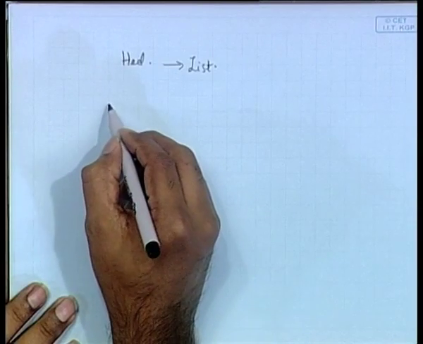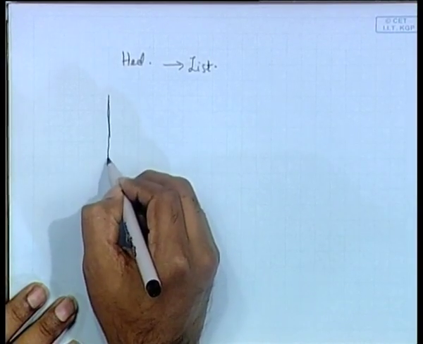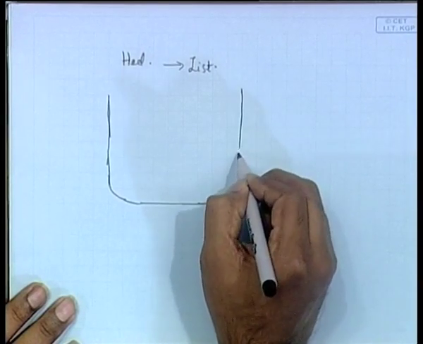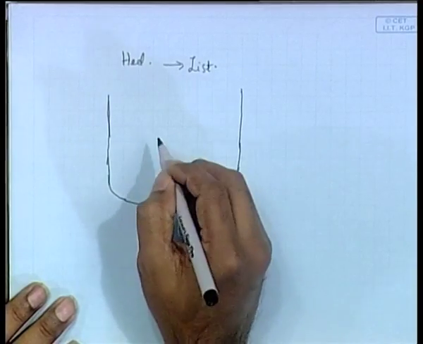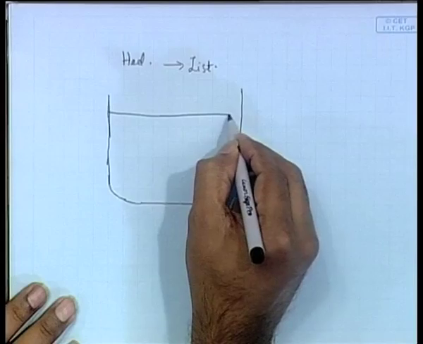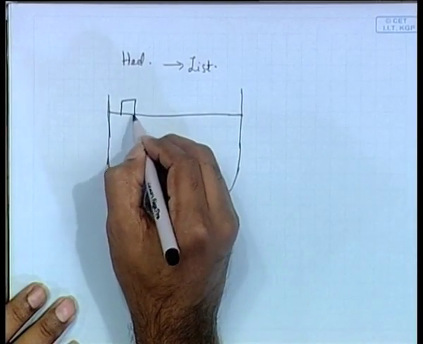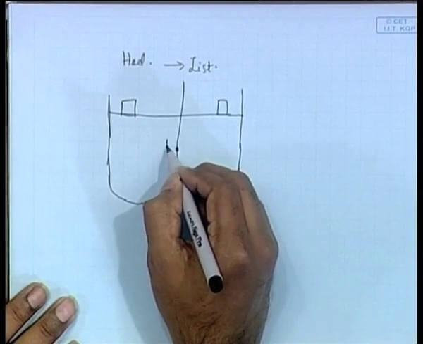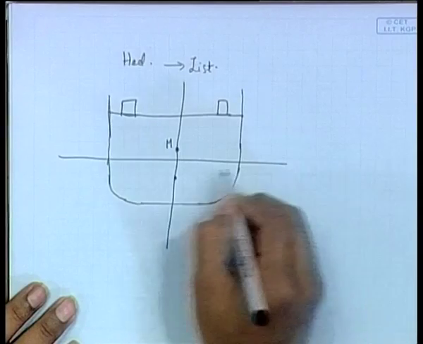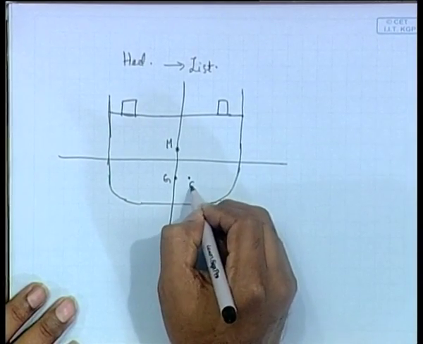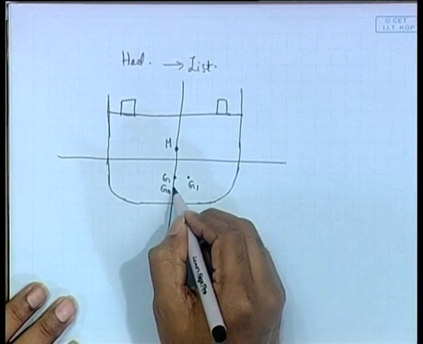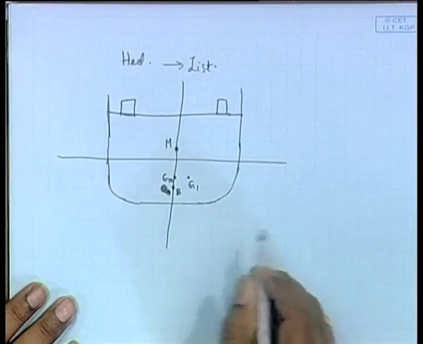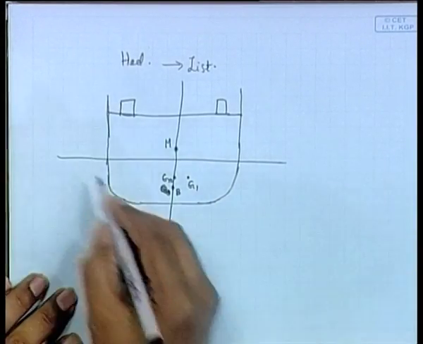That is, for instance, suppose you have a section like this, now we have a section of a ship, this is your water line.